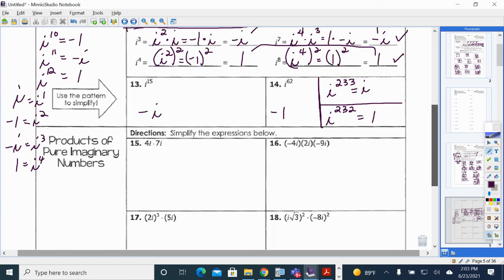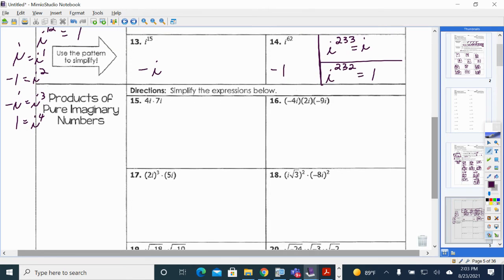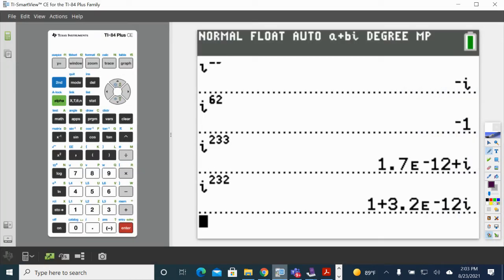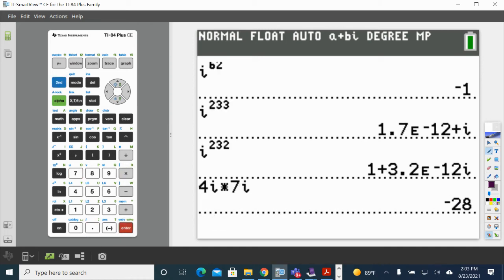All right, down on products of pure imaginary numbers. Again, we can do this by hand or we can do it in the calculator. And I'm going to concentrate my efforts on the first four that you see here in the calculator. So I have 4i times 7i. 4i times 7i is -28.